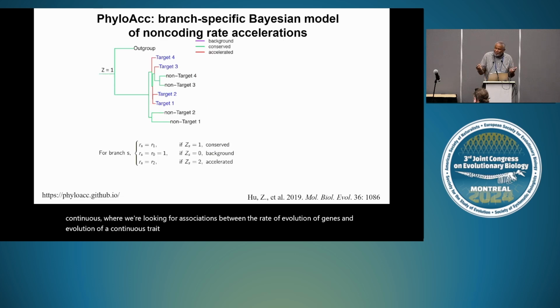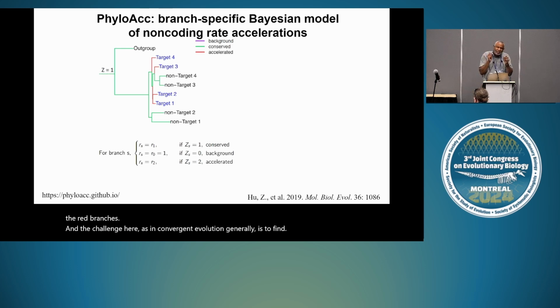So in the basic model, we're trying to identify genes or non-coding regions that are accelerating in so-called target lineages, which you see indicated on the red branches. And the challenge here, as in convergent evolution generally, is to find genes that are accelerating just on those target lineages and not on the clade as a whole.